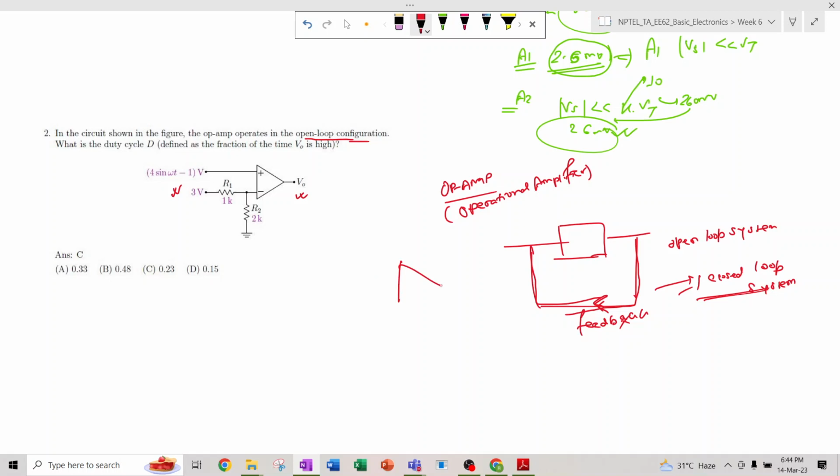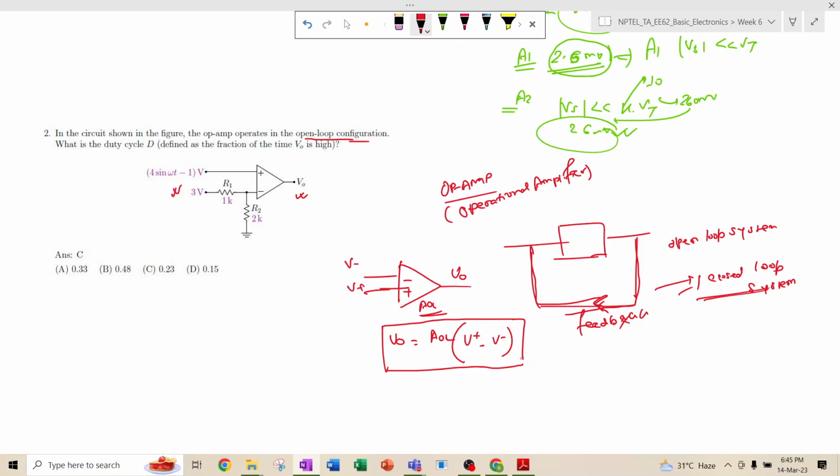So in an op amp, suppose there are two voltages applied, and you have this VO. This VO output will be the open loop gain of the amplifier, suppose AOL refers to the open loop gain, times (V plus minus V minus). That is, it just amplifies the difference of the input signals.